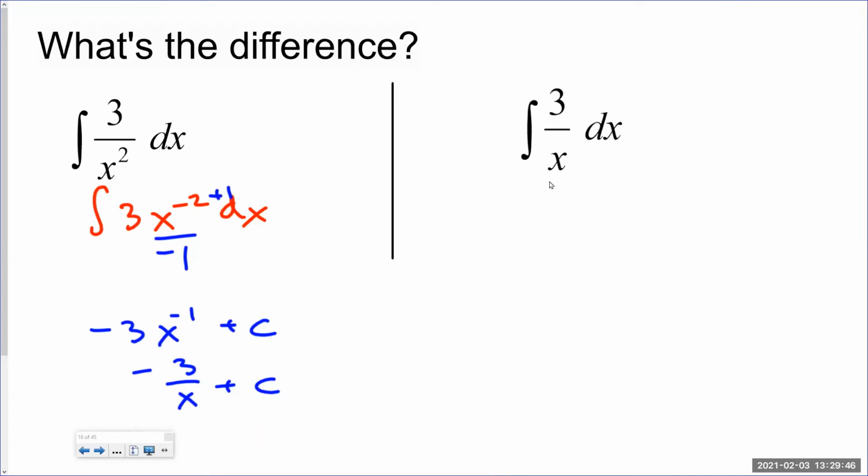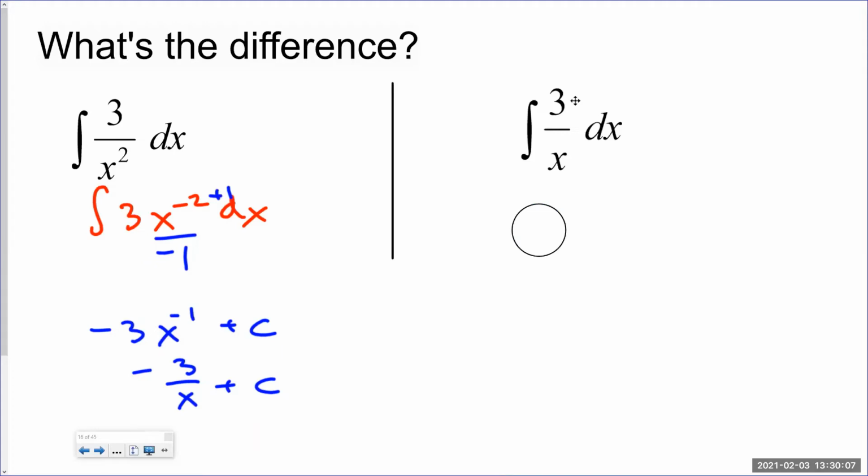Over here, if I move the x up, this would be 3x to the -1 dx. I'm going to add 1, divide by ding, ding, ding, ding, ding. Did you hear the ln bell? So that signifies, hey, that was an ln problem that I'm dealing with. So let's go backwards.